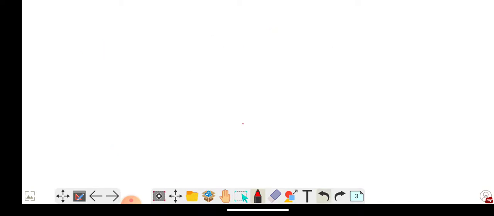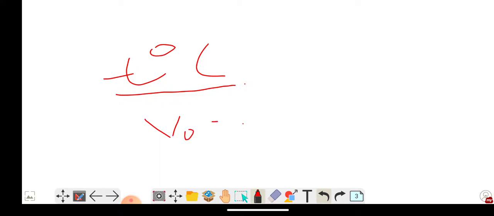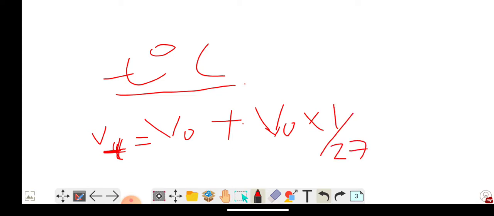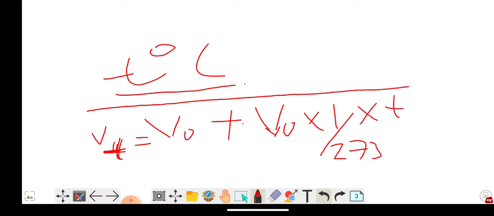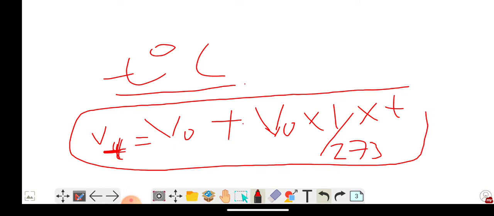And suppose the temperature rises by T degree Celsius. So the volume at temperature T, Vt, is equal to V0 plus V0 into 1 by 273 into T. This will be the volume after temperature increases by T degree Celsius.